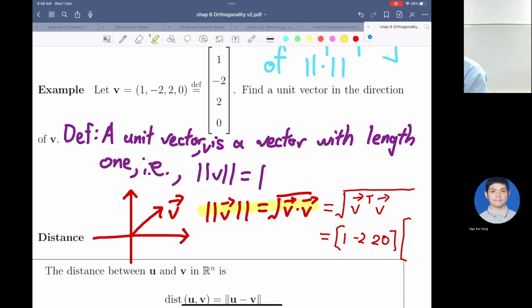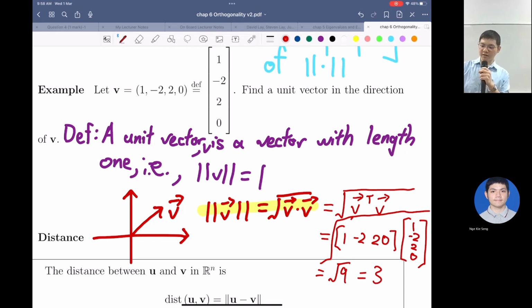This part you need to memorize for now. Later you can make sense of it. So what is v transpose v, and then take the square root? It is 1 plus 4 plus 4, so the square root of 9 equals 3. So the length of this is 3.